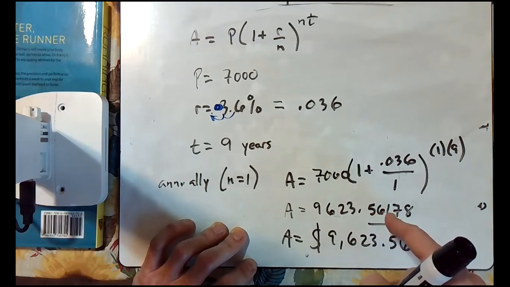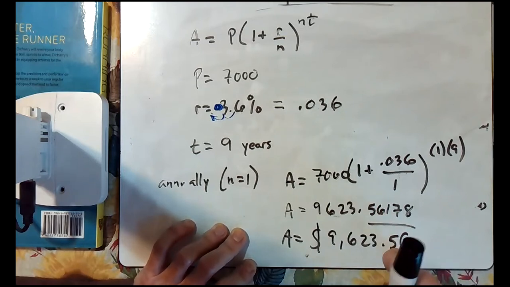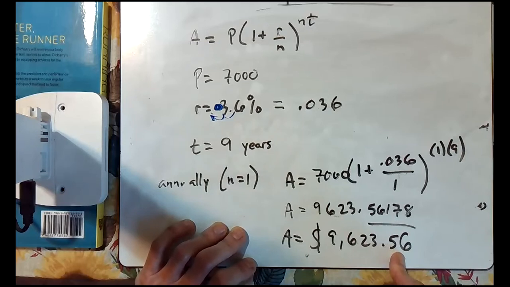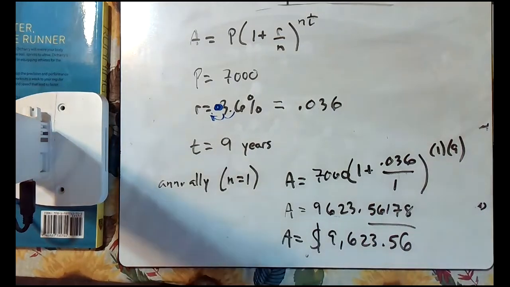This is not 5 and above, so that 6 stays the same. So make sure y'all round that to the nearest cent if the problem asks you. If the problem said round to the nearest dollar, then it would be $9,624, right? Because then you look at the 3, that's the ones place. Look right here, that's 5 and above, so you would round that up. But most of the time, it wants the nearest cent.